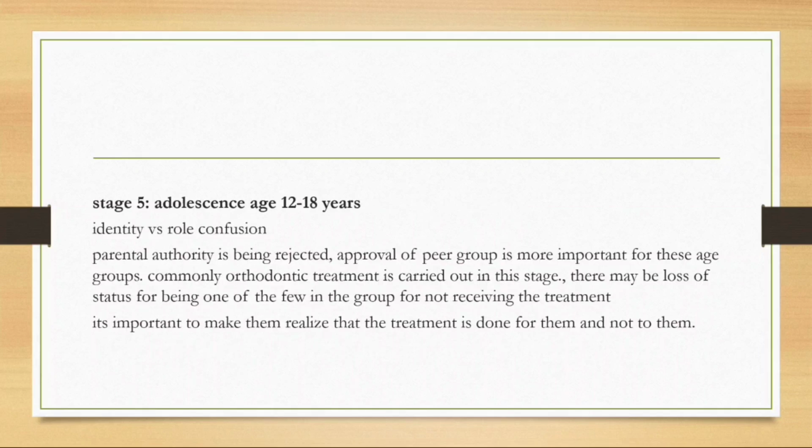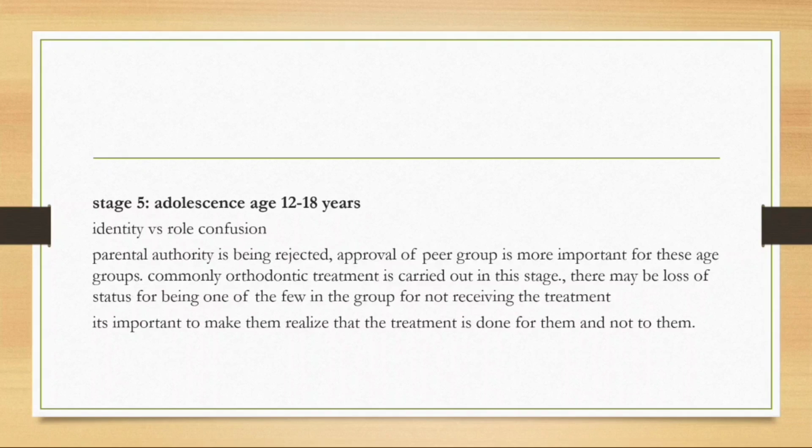In 12 to 18 years, there is stage 5, the adolescent stage, with the crisis between identity and role confusion. Parental authority is being rejected, and approval of the peer group is more important for this age group. Commonly, orthodontic treatment is carried out in this stage because peer group influence is high. There may be a loss of status for being one of the few in the group not receiving the treatment, because they are very conscious.